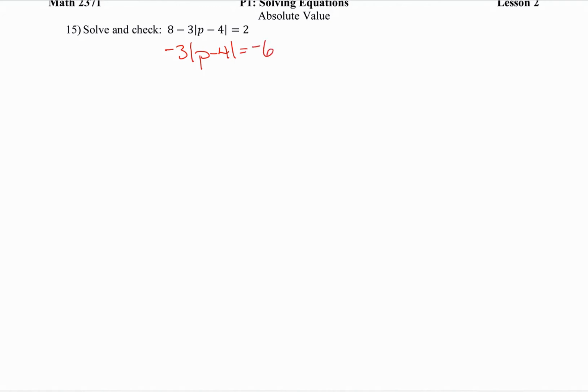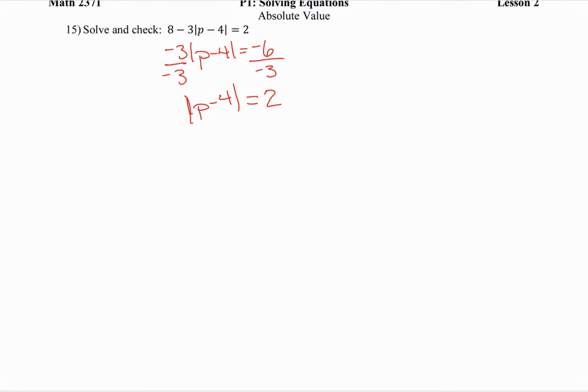Now, some students would say, oh, well, you just have the same problem you did in the last one. I don't. I have a negative 3 here. So now I'm going to divide both sides by negative 3. So what I actually have is the absolute value of p minus 4 equals 2.